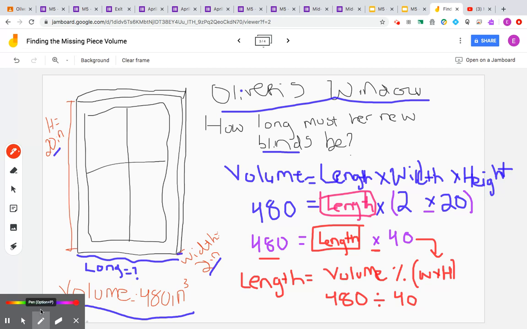Now, I don't know what that's going to be off the top of my head, so I'm going to use my long division formula for the standard algorithm. I know 40 cannot go into 4. If I have 4 units of something, I can't make a group of 40.